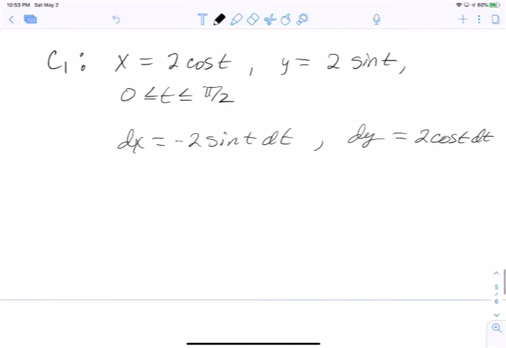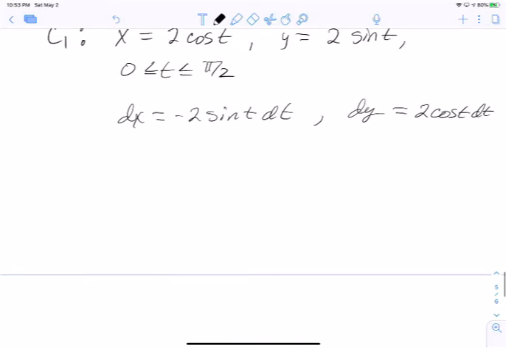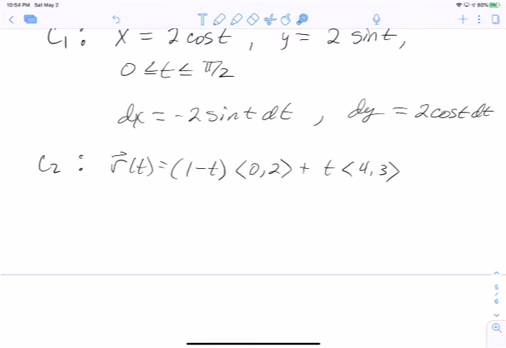Let's now turn our attention to C2. C2 is a segment, and so we're going to use the same thing we used in the previous exercise. Formally, we have r of t is equal to (1 minus t) times the vector starting point (0, 2) plus t times the vector ending point (4, 3).